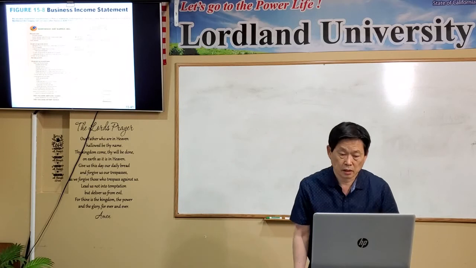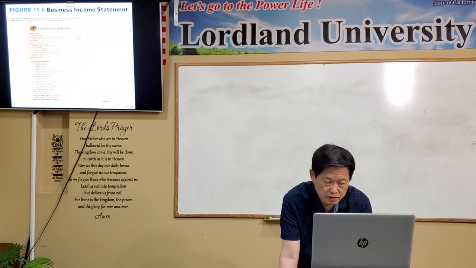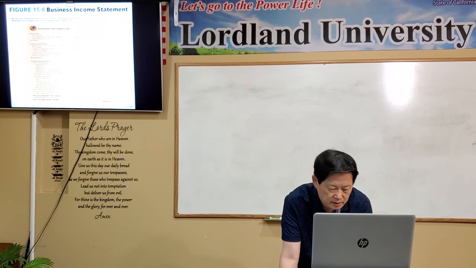However, this figure shows the business income statement. Revenue minus cost of goods sold equals gross profit, minus operating expenses equals net income before taxes, minus federal income taxes equals net income after taxes.